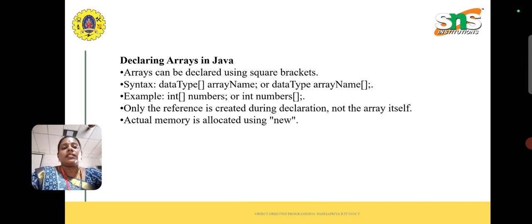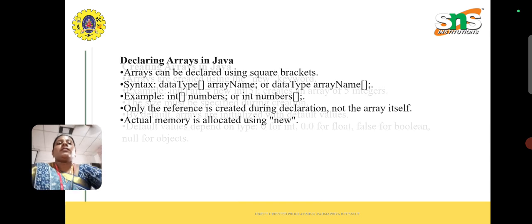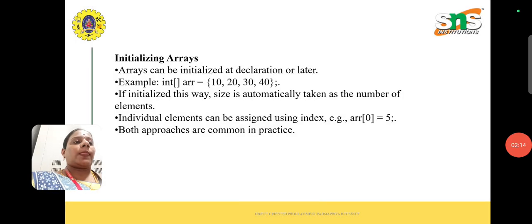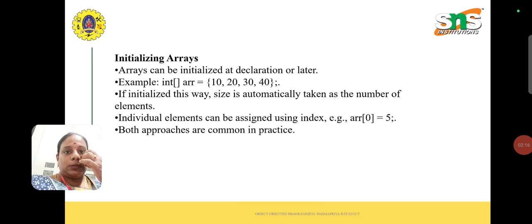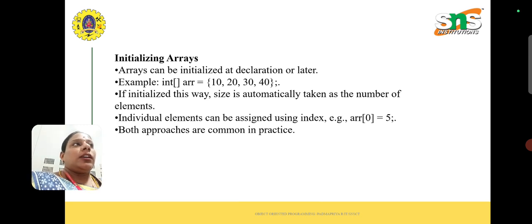This is the syntax for declaring an array. For example, we can declare the array like int numbers, where int is the data type. Individual elements can be assigned using the index. For each array declaration, the first element is indexed as 0. So both approaches are common in practice.